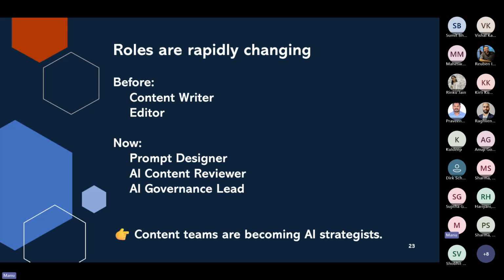Your client is going to hire these new people. If your content team can't write a good prompt or isn't good at review, they might lose their job or have to be replaced. So the client will hire someone who is good at prompt engineering and at reviewing.